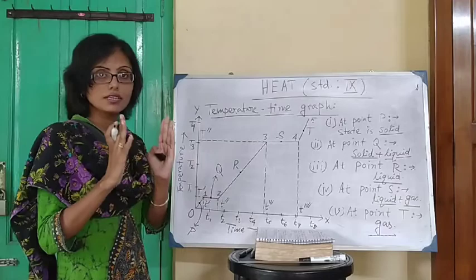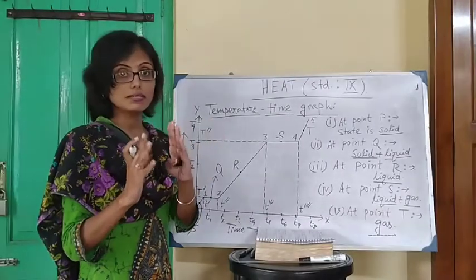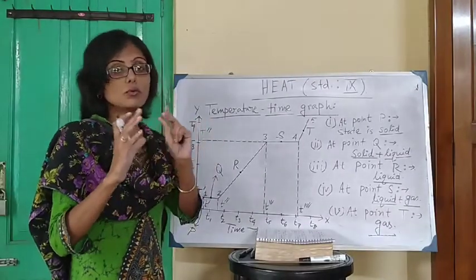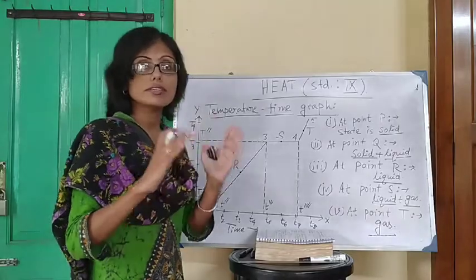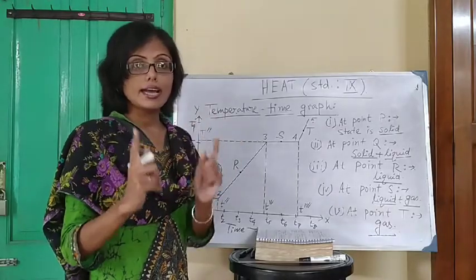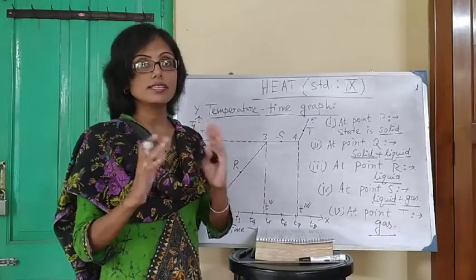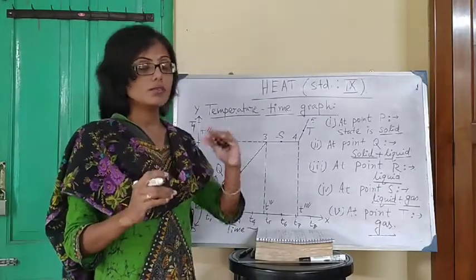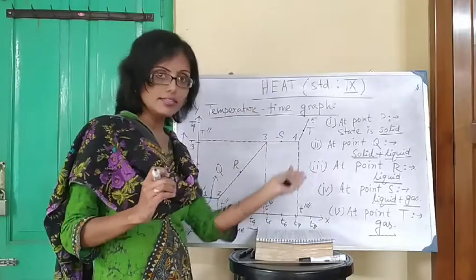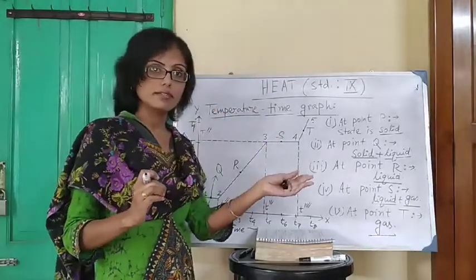The source of the heat supply is constant, meaning we are supplying heat at a constant rate. And one condition must be maintained: there is no heat exchange between the matter and the surroundings, and the surroundings and the matter.